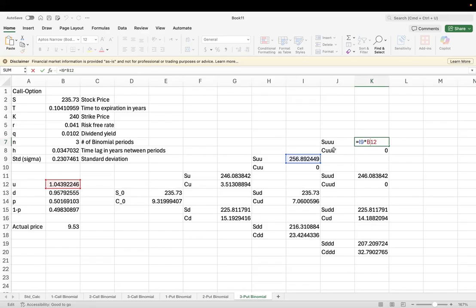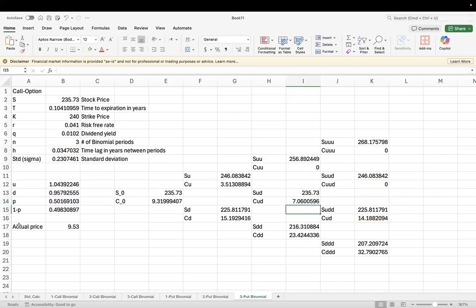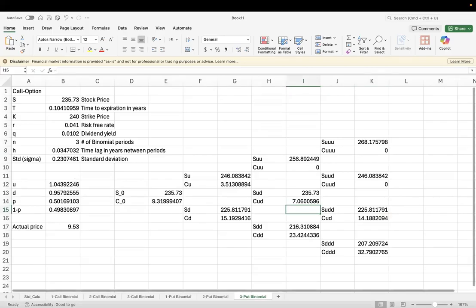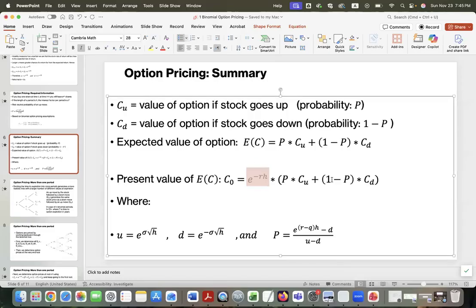From that, you can easily calculate the option prices at the very last node, and then option prices at the nodes before them is just easily calculated by the formula that we have right here. So you can use this easily to just calculate it backward.